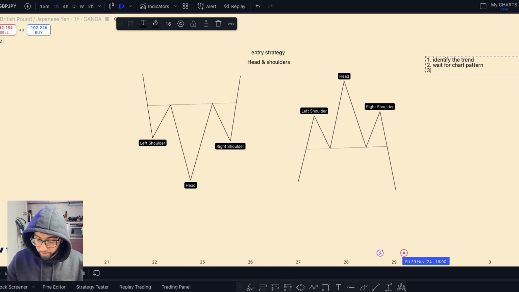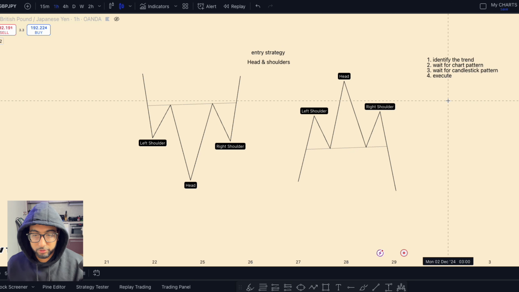Number three, wait for a candlestick pattern. And then number four, execution. Execute, as simple as that. We have a simple protocol: identify the trend, wait for the chart pattern, then wait for the candlestick pattern, and then execute.